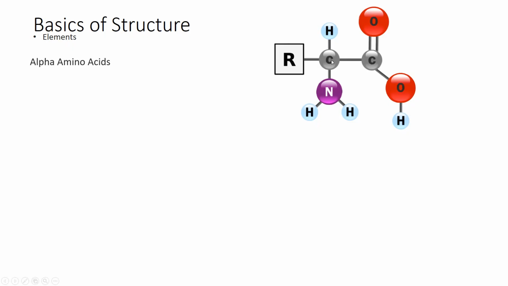So this is your central alpha carbon. Next to it is your alpha carbonyl, and this whole terminal is the carboxylic terminal with an OH. That's your acidic terminal, ready to give you a hydrogen proton when you need it, like when you are suffering from alkalosis and you don't have enough hydrogen protons. This terminal will say, here you go, you can have my H. And this is the amino terminal that has two H's and is ready to accept more.